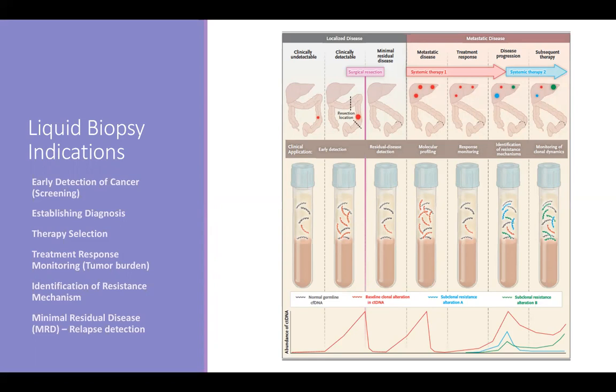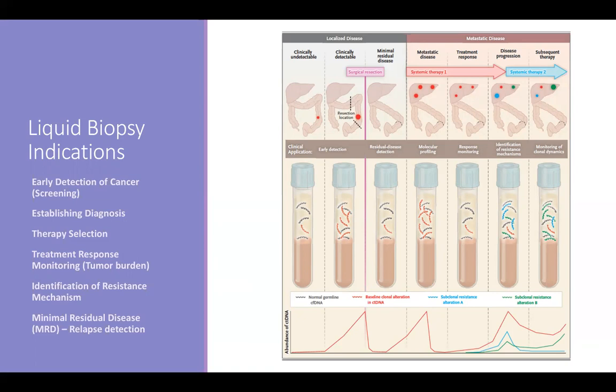T790M mutation in EGFR mutated lung cancer is a prime example. Subsequent therapy, you can use it to monitor clonal dynamics, which reflects the heterogeneity of tumor. So these are the main indications that we use liquid biopsy for.